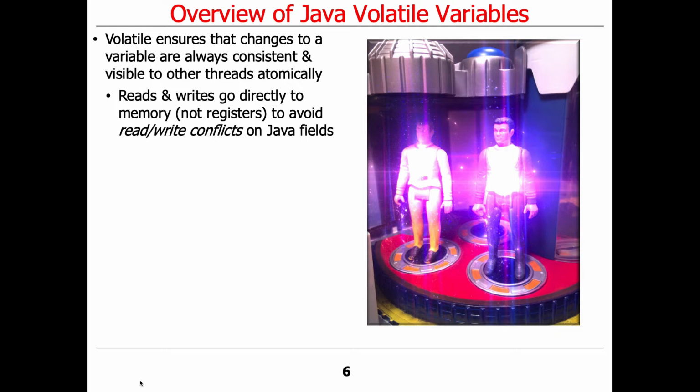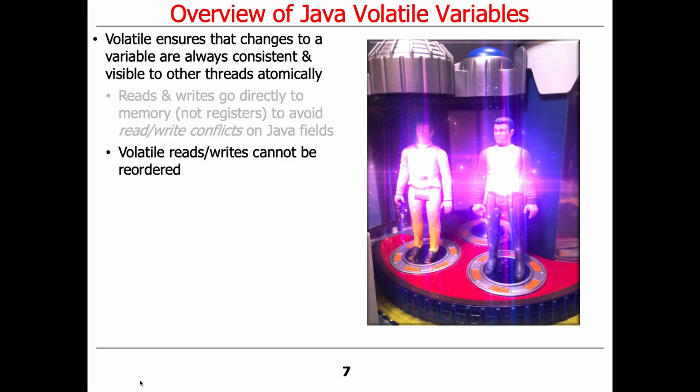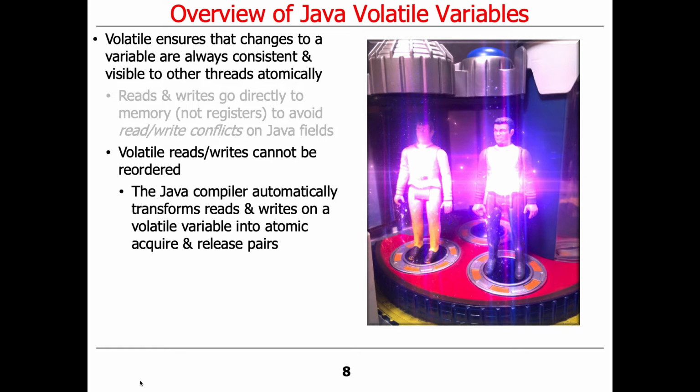What happens here to ensure this is that reads and writes go directly to memory, bypassing any registers, any cache, and so on, in order to avoid so-called read-write conflicts with Java fields. Volatile reads and writes cannot be reordered. They have to go through in an atomic way.